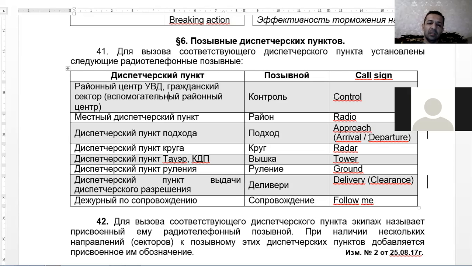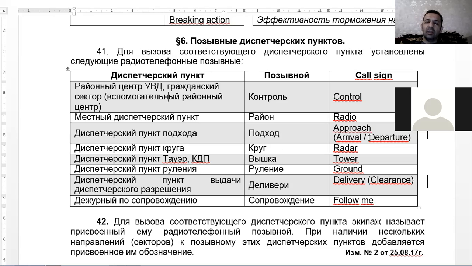Ground, in Russian it is Rulenia. Ground controls aircraft from the stand, the starting parking point, until the runway, in the maneuvering area on the ground.